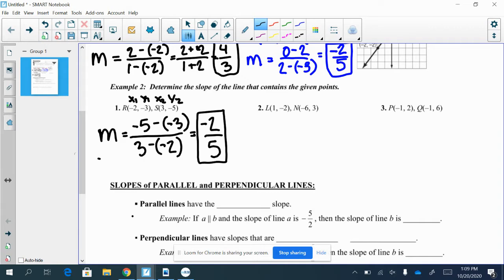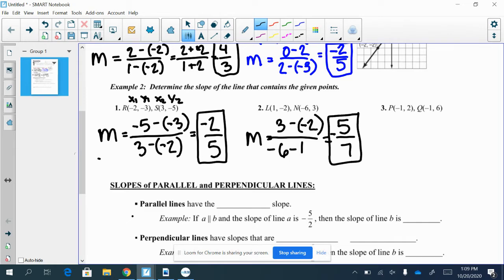Number 2, again, let's say that is 3 minus -2 all over -6 minus 1. So 5 over -7. And then our last one.